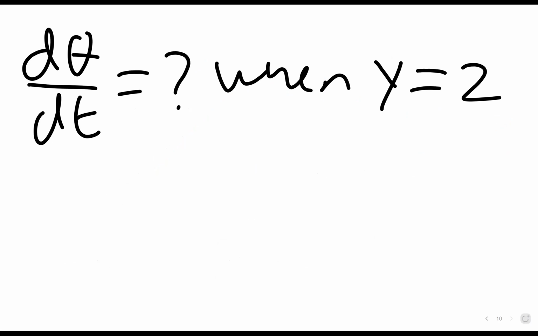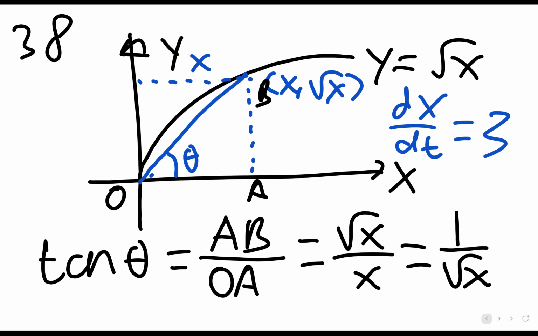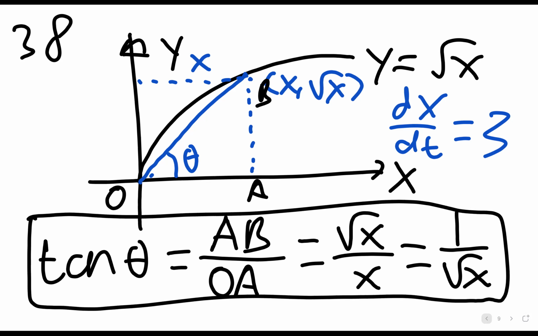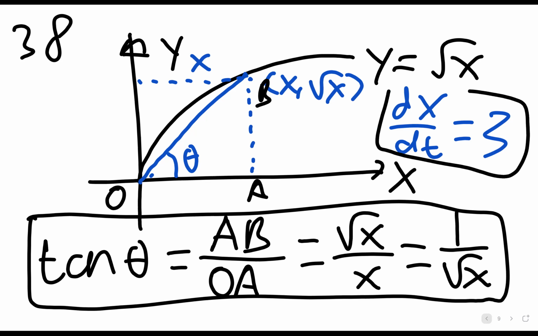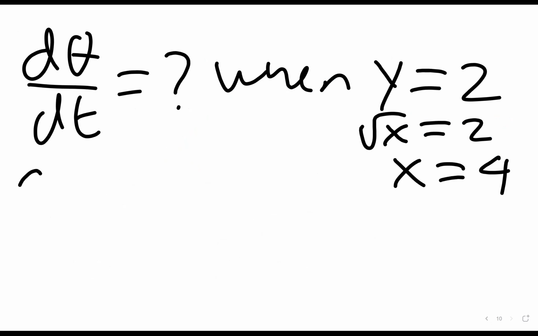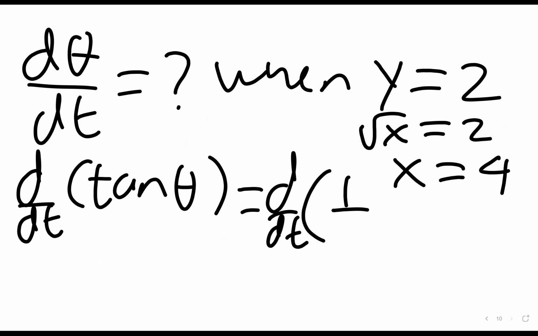So y equals 2, which is equivalent to square root of x equals 2, so x equals 4. Now we can calculate d theta/dt via the equation tangent theta equals 1 over square root of x. We take the derivative of tangent theta with respect to t, and the same applies for the derivative of 1 over square root of x.